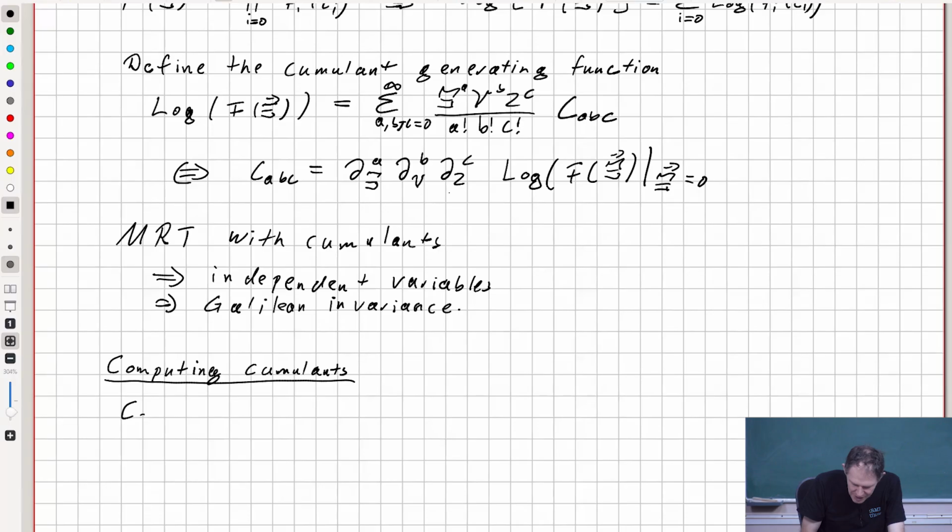Let's look at the cumulant c_001. This is obviously the first derivative in zeta of the logarithm of f, evaluated at xi equal to 0. Instead of doing all the calculations here, you just apply the chain rule of differentiation to see what this actually means.